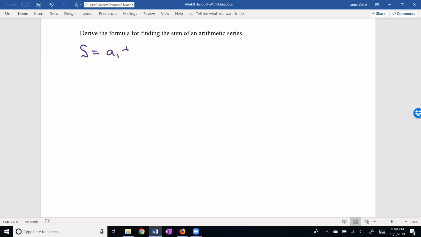My second term is going to be a1 plus 1 copy of d. d is my common difference. My next term is going to be a1 plus 2 copies of d, and so on up through the last term, the nth term, which is a1 plus n minus 1 times d. This is the nth term.